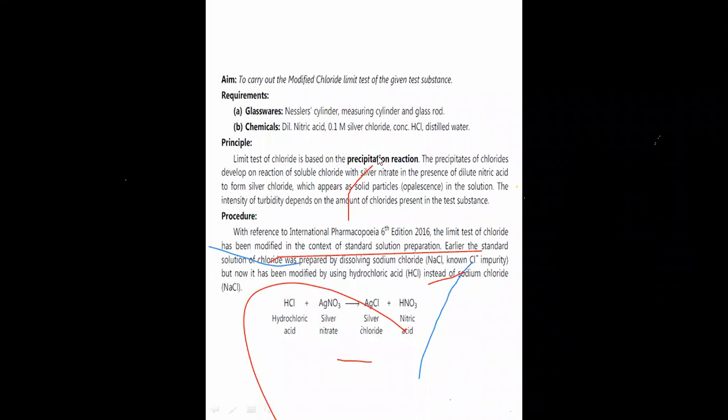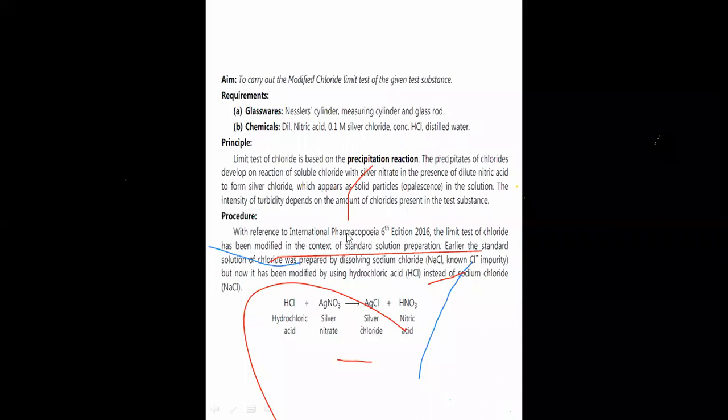Limit test of chloride is based upon a precipitation reaction, because there is formation of a precipitate of silver chloride. This precipitate develops when soluble chloride reacts with silver nitrate in the presence of dilute nitric acid, which appears as a solid bed, that is opalescence, and the intensity of turbidity depends upon the amount of chloride ion present in the solution.